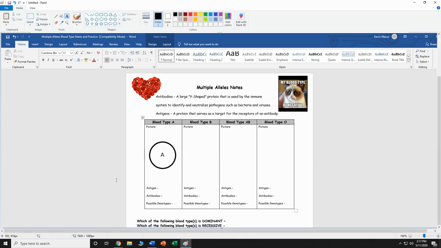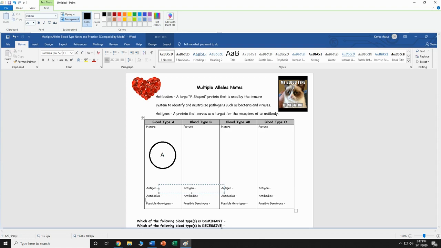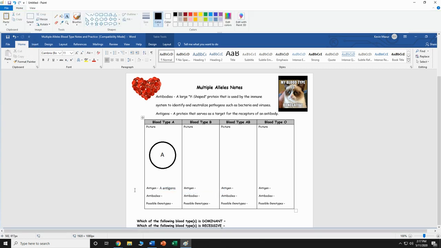Okay. And then the antigens that are a protein that serves as a target for the receptors of an antibody are going to be the A antigens. Let's make that a little bit smaller. Okay.